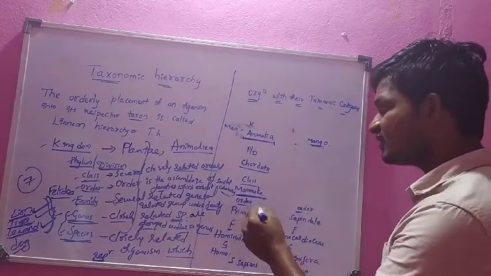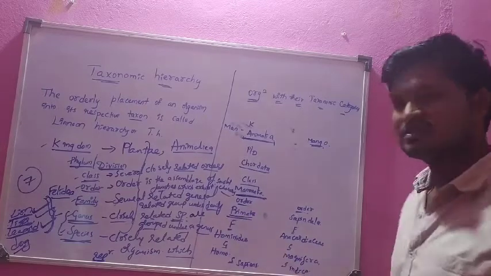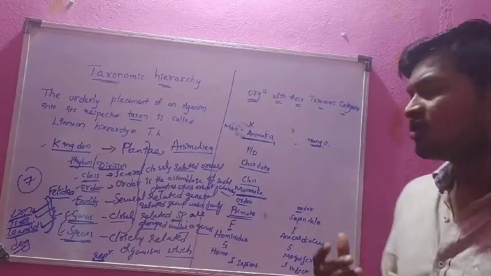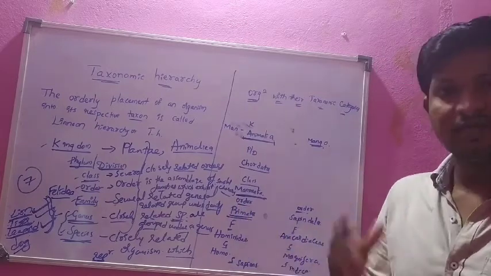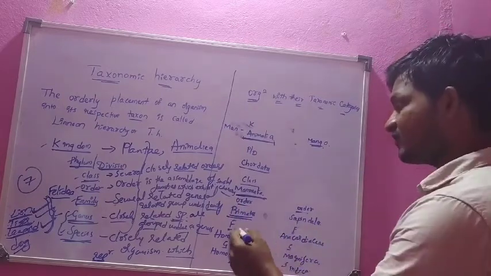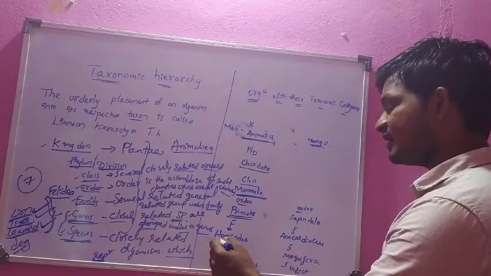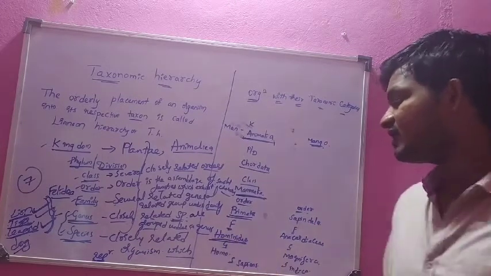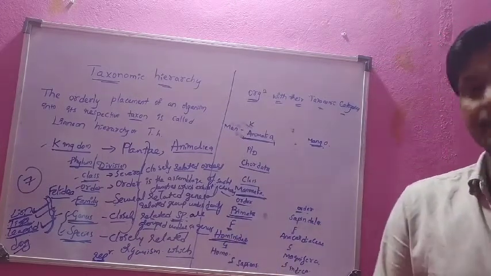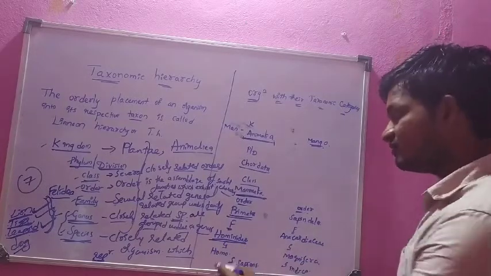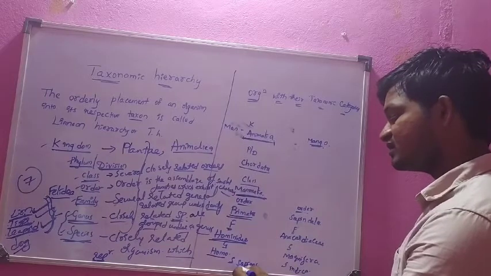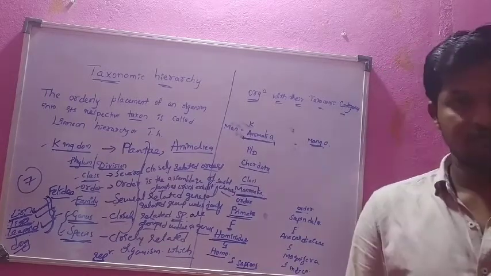Next, the order is Primates, which have a developed brain. Next, the family is Hominidae. The scientific name is first the genus name Homo, then the species name Sapiens.